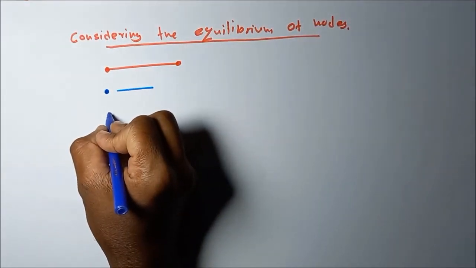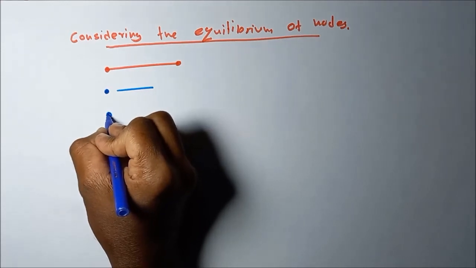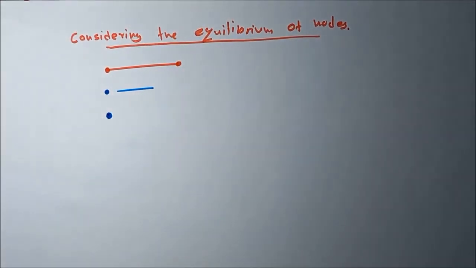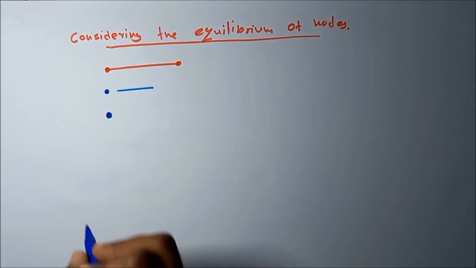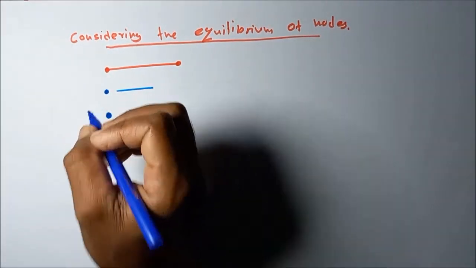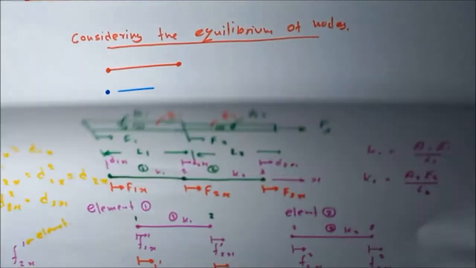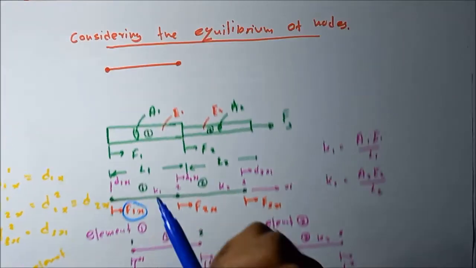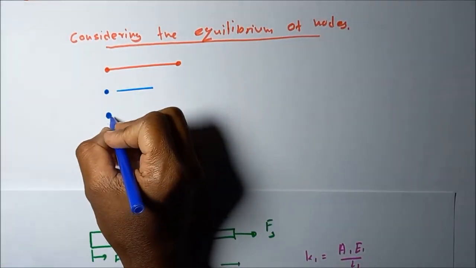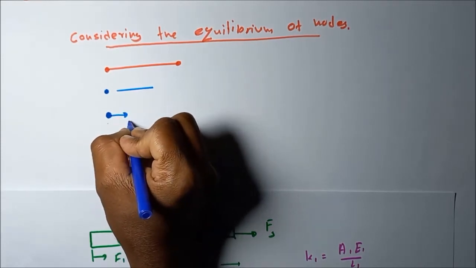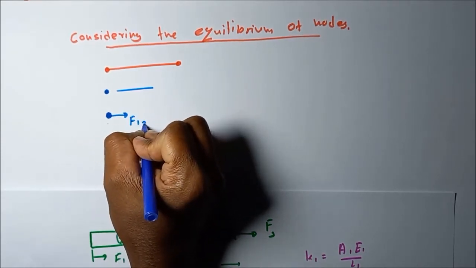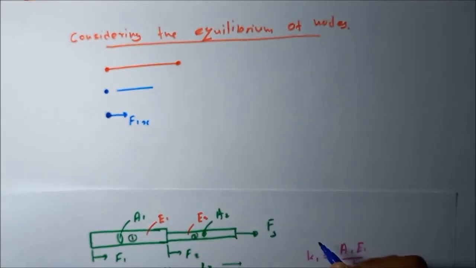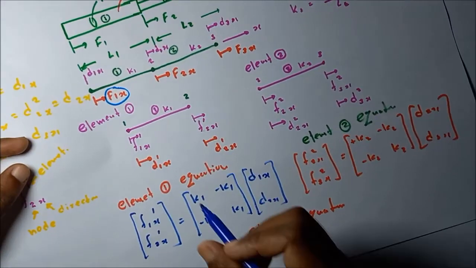If we consider all the forces acting on this node, what are the forces acting on it? Here, this is the external force acting on it, which I represented as F1x.